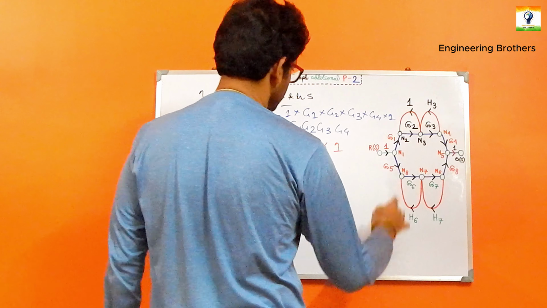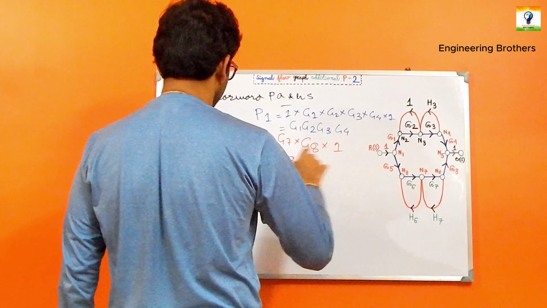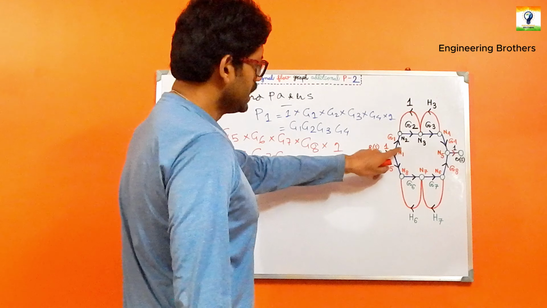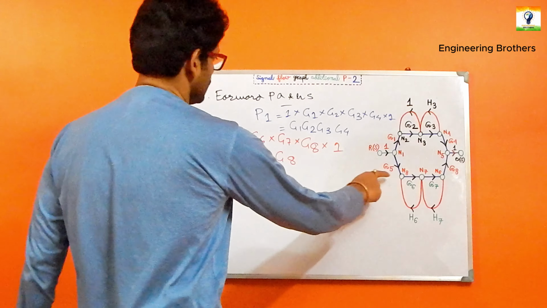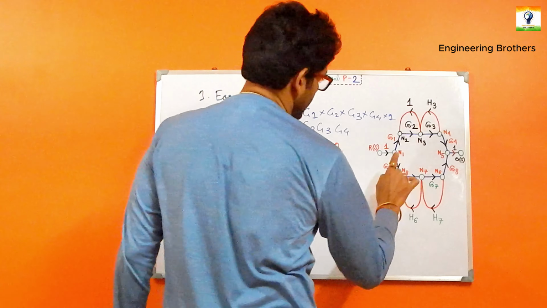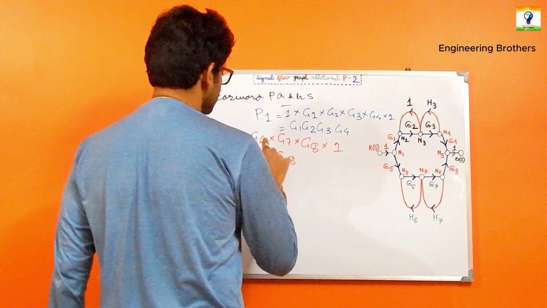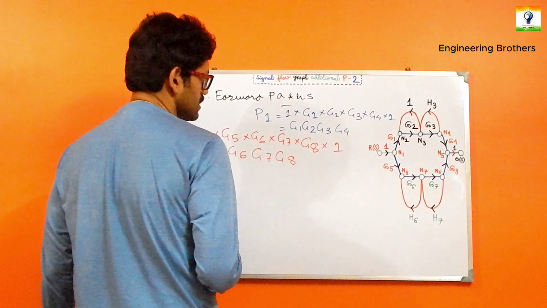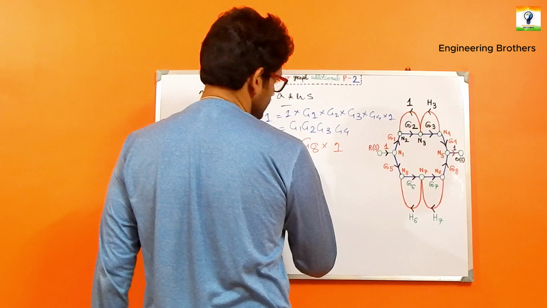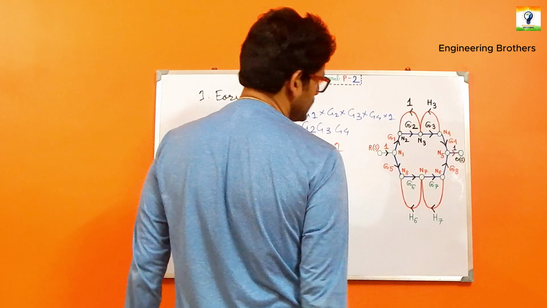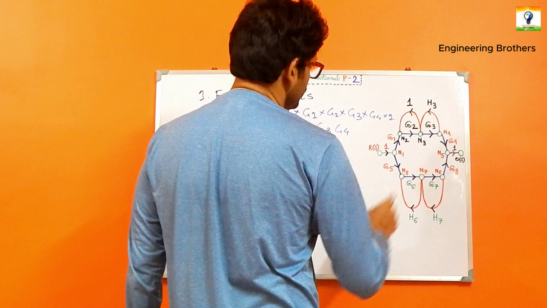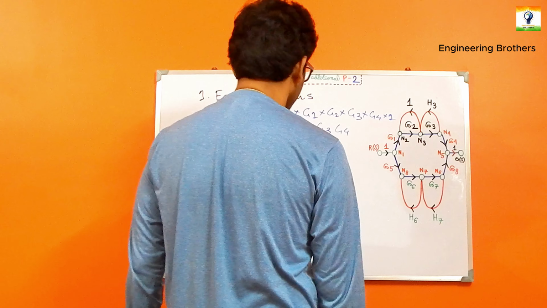Between R(s) and N1 we have the gain 1. Between N1 and N8 we have the next gain, G5. Between N8 and N7 we have G6. Between N7 and N6 we have G7. Between N6 and N5 we have the gain G8. And ultimately, between N5 and C(s) we have the gain 1.